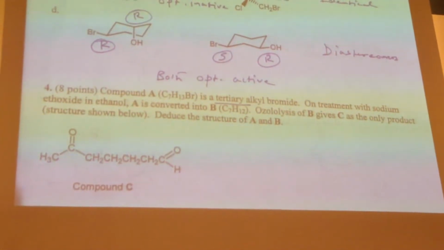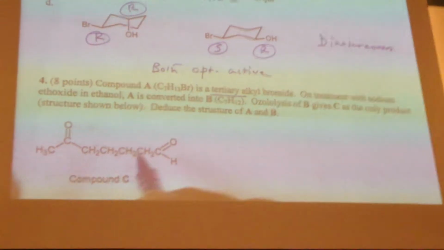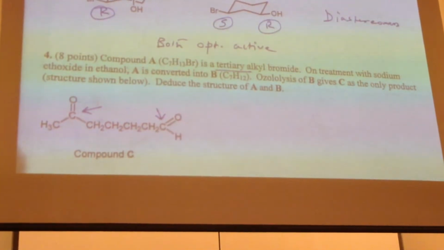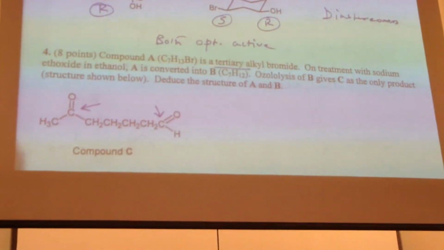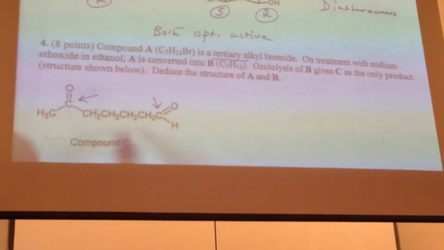Okay. Which means that the ozonolysis introduces two carbonyl groups at a carbon-carbon double bond, which means this carbon and this carbon were joined together by a double bond. So we rewrite this structure so that we have 4 carbons, 1, 2, 3, 4 in between.